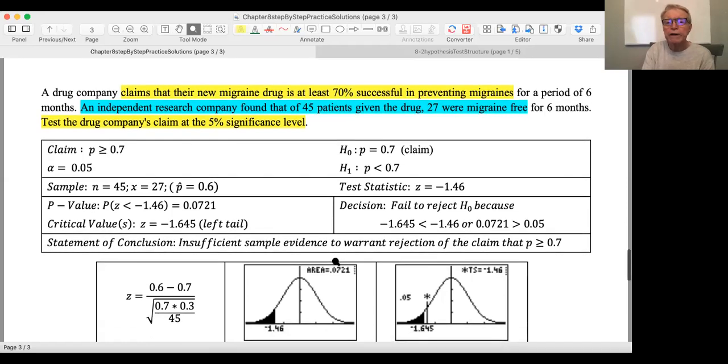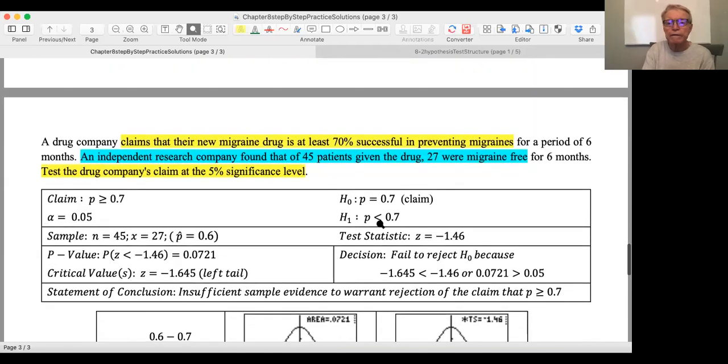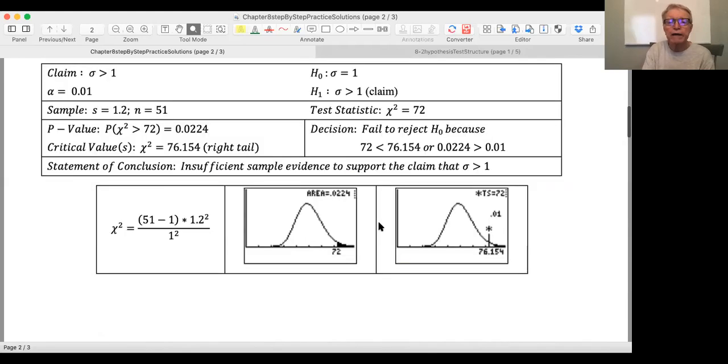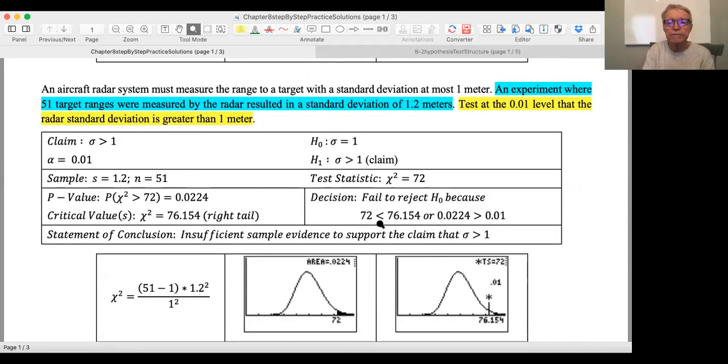Okay, one comment before we go to the last problem here. Going back up to the second and third problems, they're both about standard deviation. How do we know it's standard deviation? Well, it's easy for this problem because it says standard deviation.